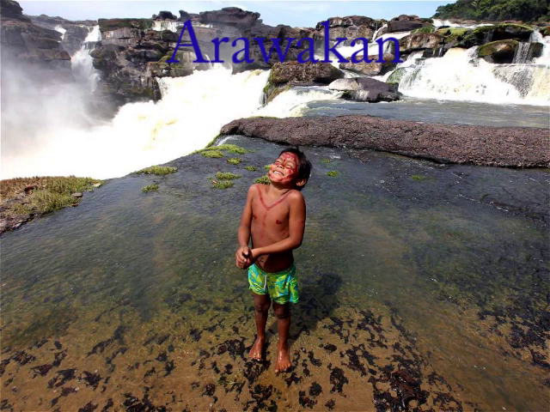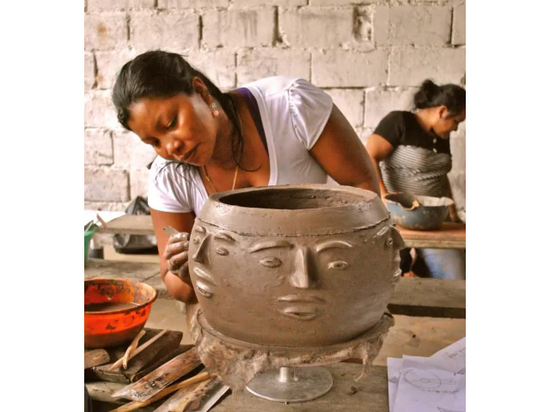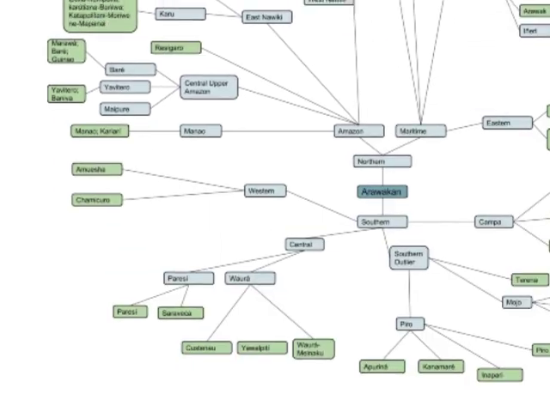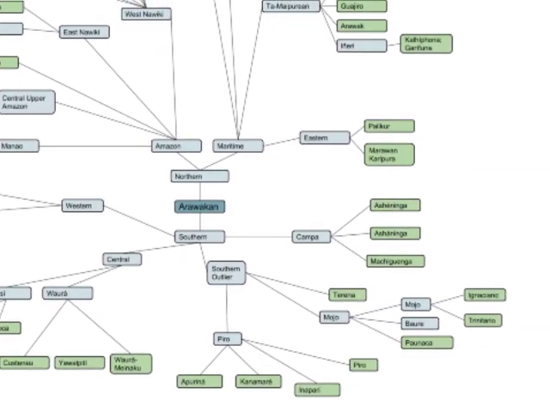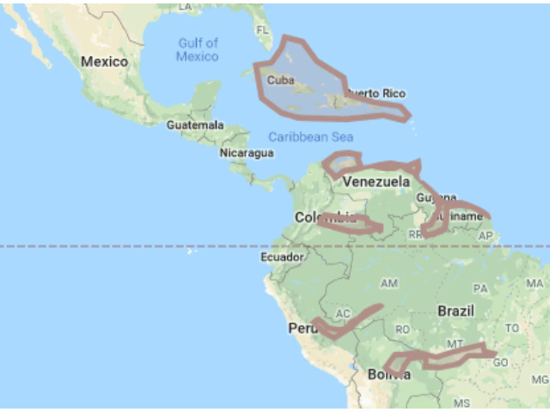Alright, going further into South America, we have Arawakan. Perhaps the biggest family of the Americas, along with Uto-Aztecan, by amount of languages and the area it covers. So it comprises about 50 different languages, which can be found all the way from northern Argentina to the Bahamas of the Caribbean, at least formerly, but not in a continuous block.